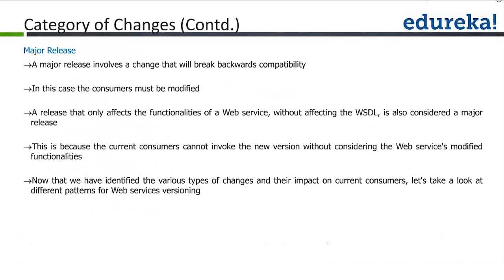Make sense? Okay, so this is because the current consumers cannot invoke the new version without considering the web services' modified functionalities. So the consumers should eventually know what the service has undergone in terms of changes, so that they could incorporate those changes at their end and continue to use those services even after the changes happen.